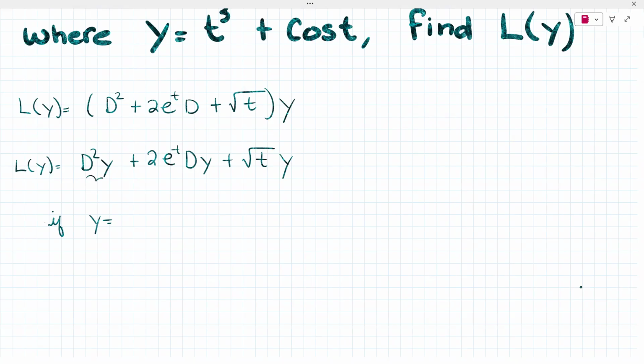That's the same thing as y double prime. And do you see this dy? That's the same thing as y prime. So if y equals t cubed plus cosine of t, y prime is going to be 3t squared minus sine of t. And then y double prime is going to be 6t minus cosine of t.